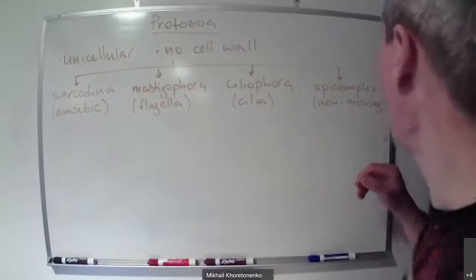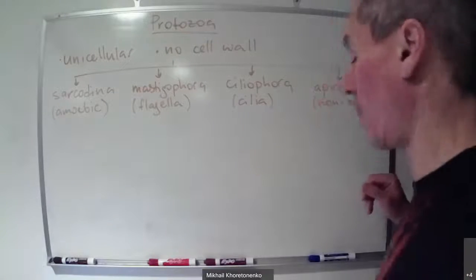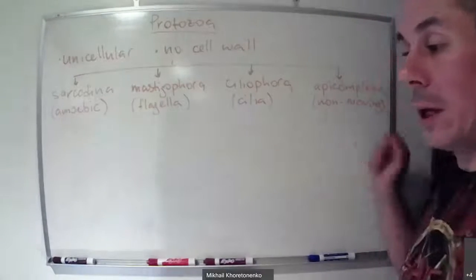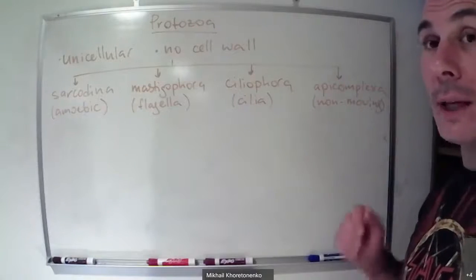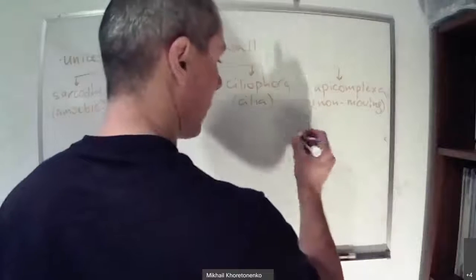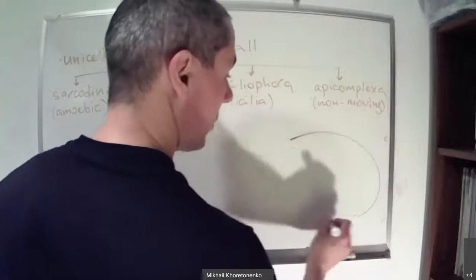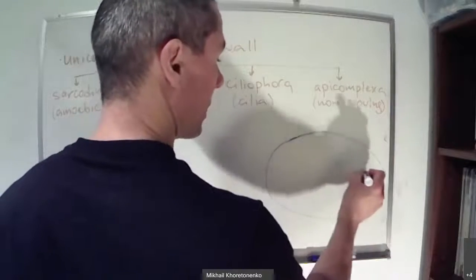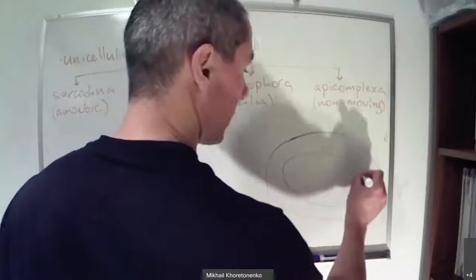Okay, awesome. So non-moving microorganisms, and therefore Apicomplexa are obligate parasites. I wanted to mention a couple more features of the typical protozoan cell. First, a typical protozoan cell has two layers of cytoplasm.